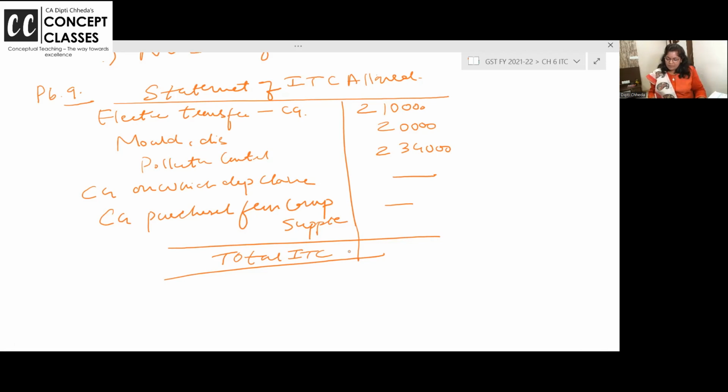I'm telling you this chapter. 4 lakh, 34 lakh, 64,000, is it? Four lakh 76,000. Four lakh 64,000.